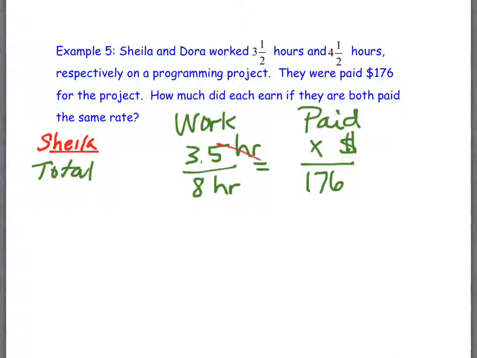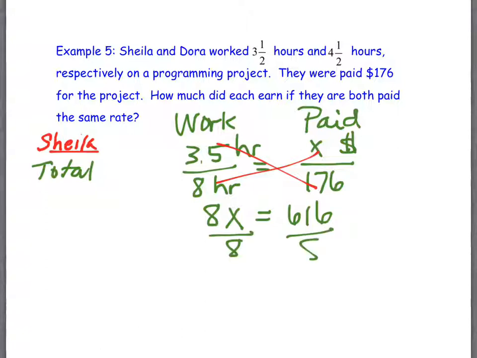Because I only have x in one place. So there's that 8x that is going to come about. And then I still have the 176 times 3.5, which we did a minute ago and got 616, right? And then I can divide by 8. So I end up with the 77 it was. So I still find the same thing. Sheila makes 77.